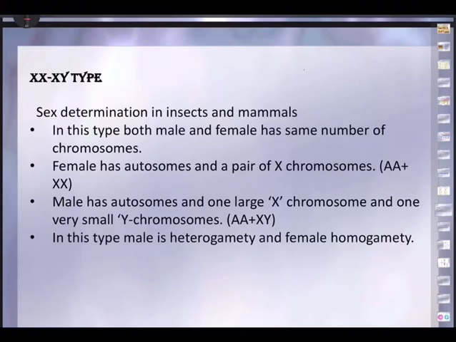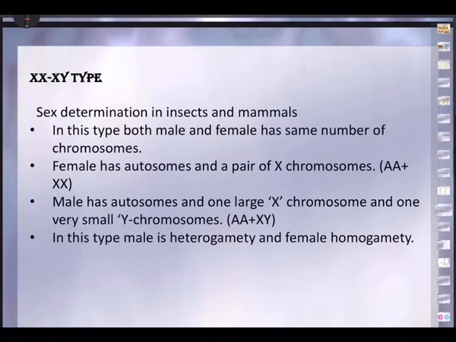But here the variety is, out of the 44 autosomes, 22 will be there in a sperm, but out of the XY, one sperm will be having X chromosome, another sperm will be having Y chromosome. That means you have got variety in case of sperms. So there are two types of sperms in a male. A sperm having 22 plus X and a sperm having 22 plus Y. So there is a variety. Whereas in the case of female, the ovum has got only 22 plus X chromosome only.